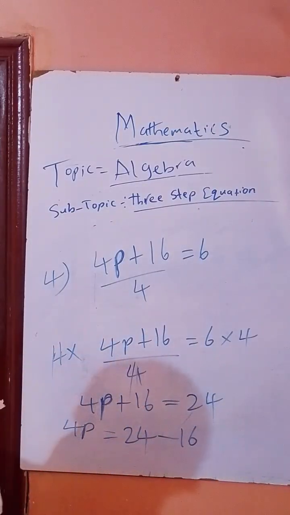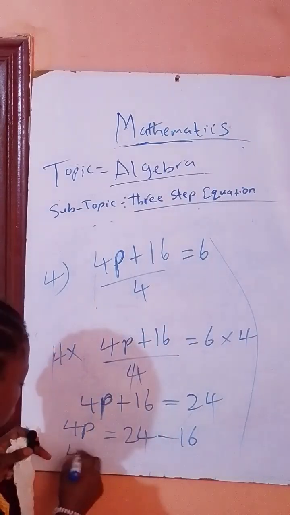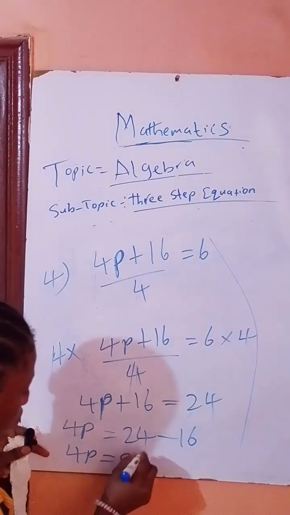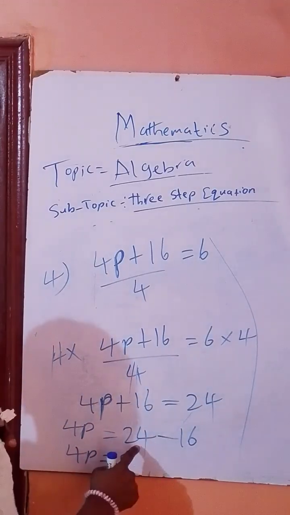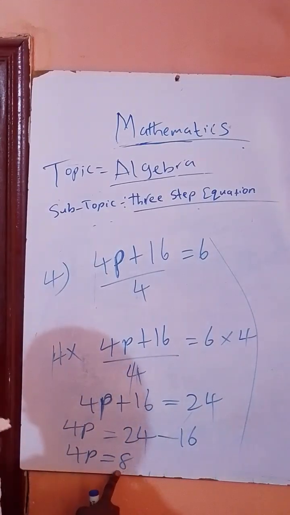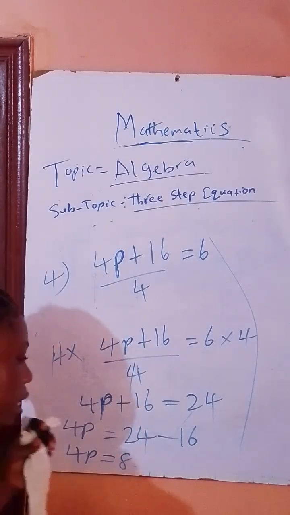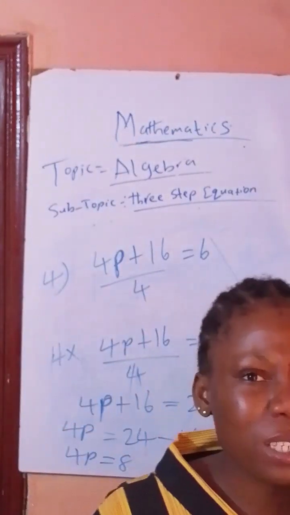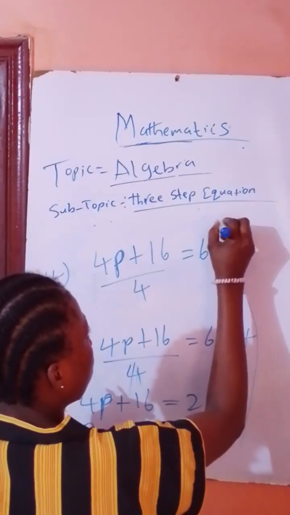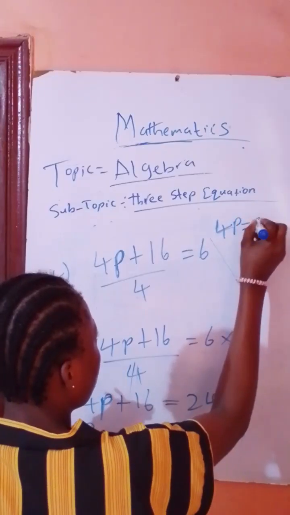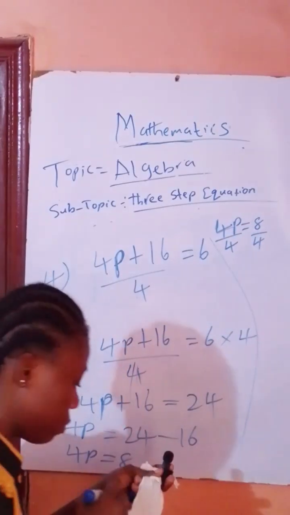Then we have 4p equals 8. Bring down your 4p. 24 minus 16 is 8. We are left with 4p equals 8. The next thing we are going to do is to divide both sides by 4. We have 4p equals 8.